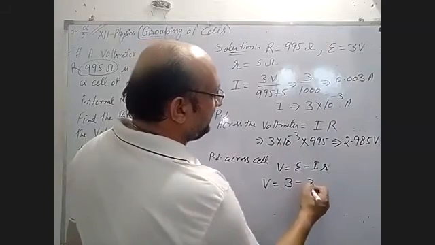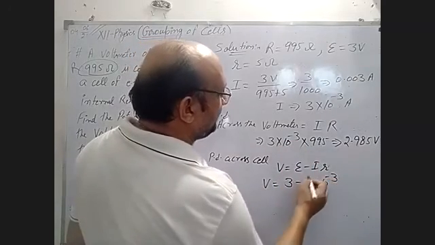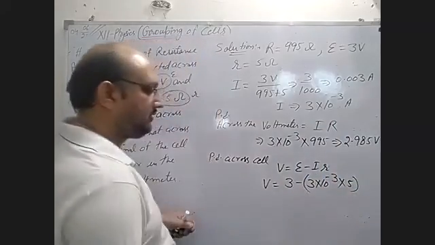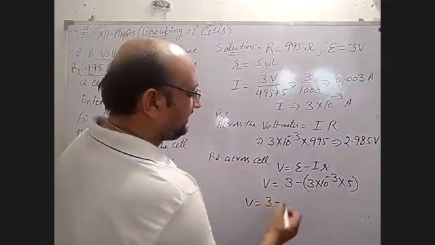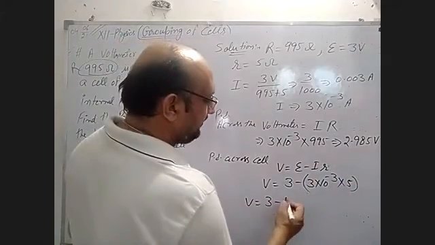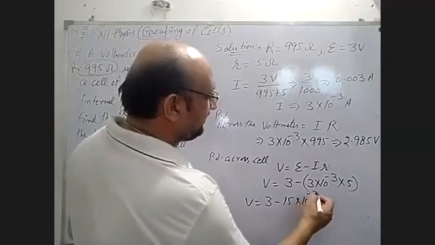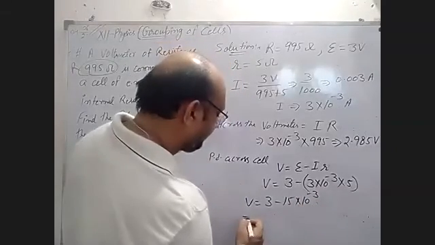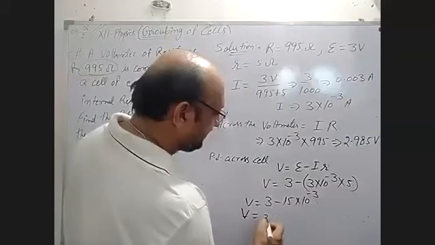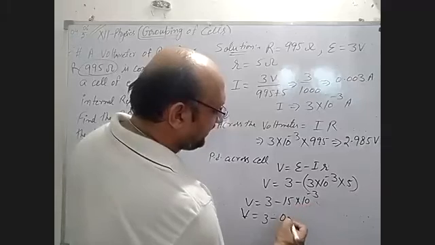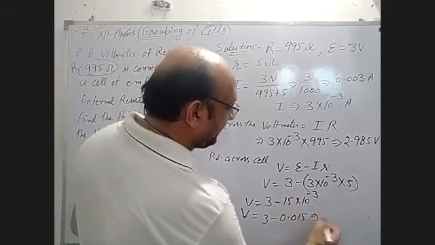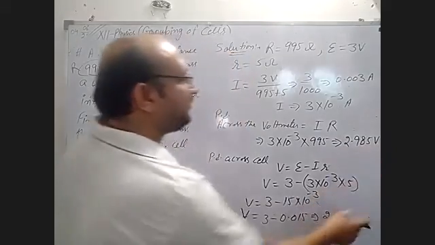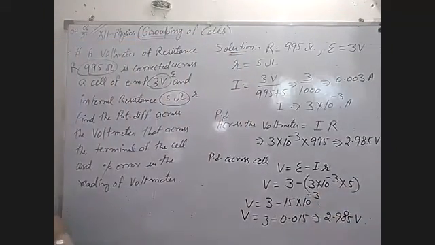What is the value of I? 3 into 10 raised to the power -3, into r which is 5. Now V is equal to 3 minus 15 into 10 raised to the power -3, means V is equal to 3 minus 0.015, and again a similar value you can get at this stage.